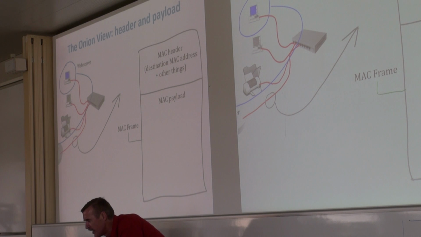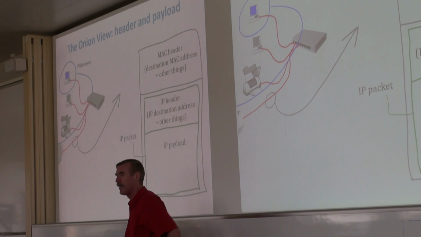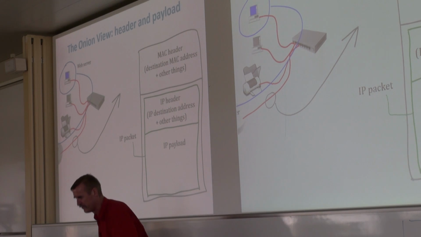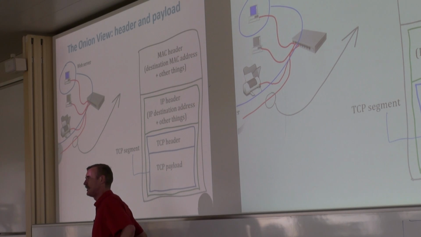After the MAC header, there is what is called a MAC payload, which is what the MAC packet, the frame, is carrying. Inside the payload, there will be an IP header with the destination address of the final destination, which also has its IP payload, which in the case of TCP contains TCP data.